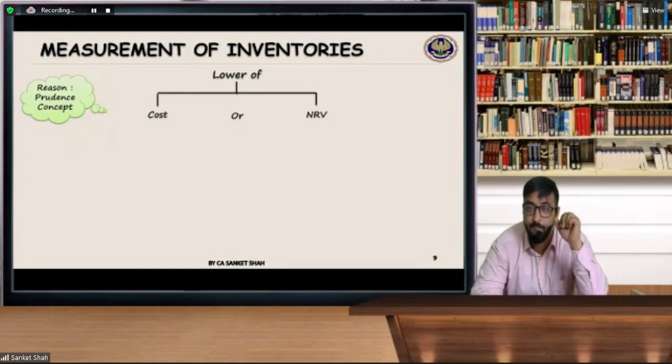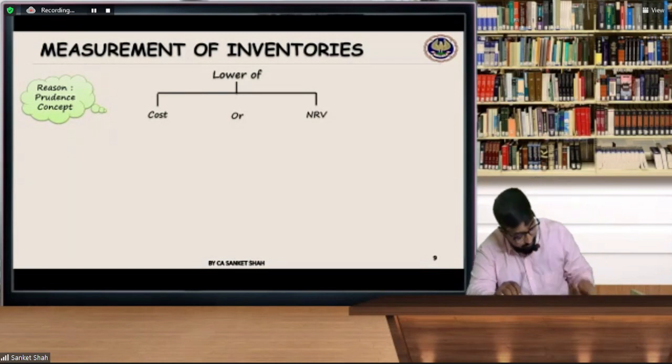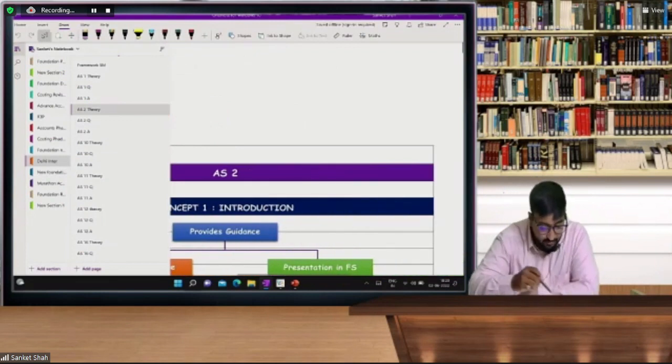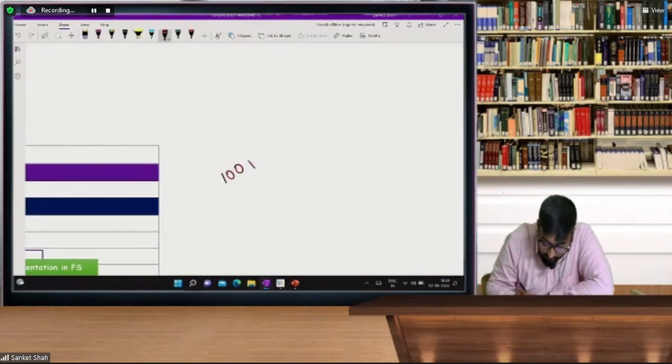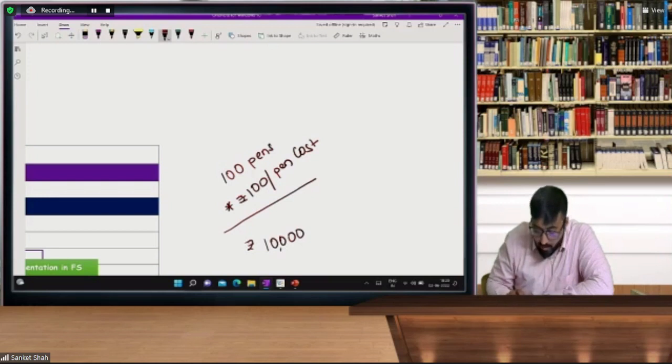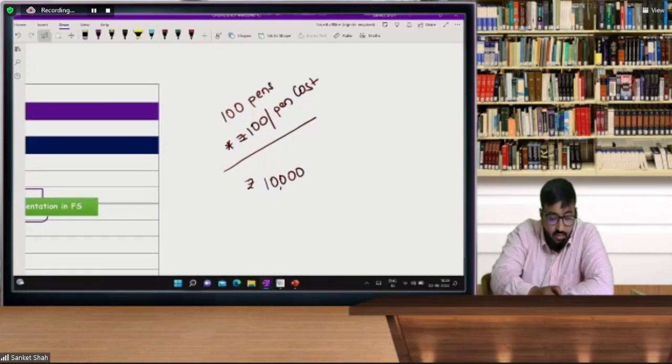Suppose my closing stock has a cost of rupees 100, I have 100 pens, and I am recording at rupees 100 per pen. This is my cost, so 10,000.